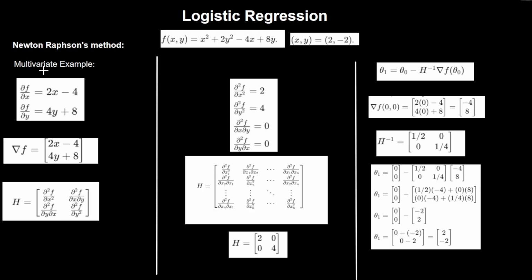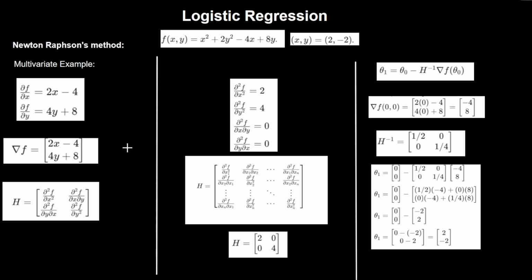As usual, we need to take the partial derivative of the function with respect to both x and y. With respect to x, we treat y as a constant and we get this one, and partially differentiating with respect to y, we treat x as a constant and you get this equation. Now that we have the partial derivatives, we can find the gradient vector.